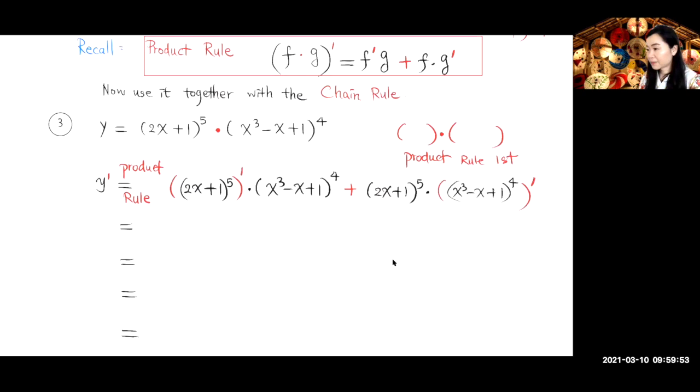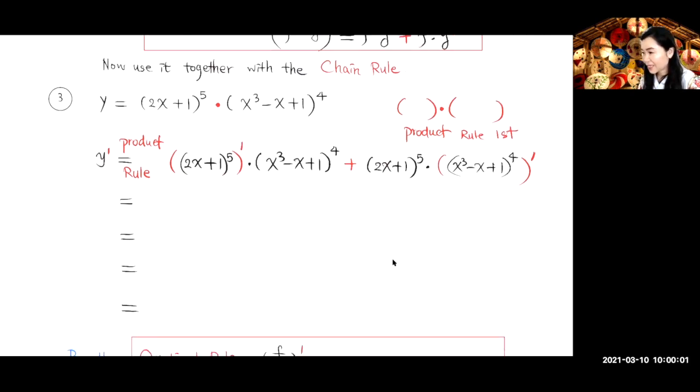Okay, so that's the product rule. Now, when we differentiate this, what do we get? Well, what kind of rule do I need to use over here? Think about this 2x plus 1 here as u, as the inner function. Then u to the 5th power is the outer function. So we're going to use the chain rule over here.